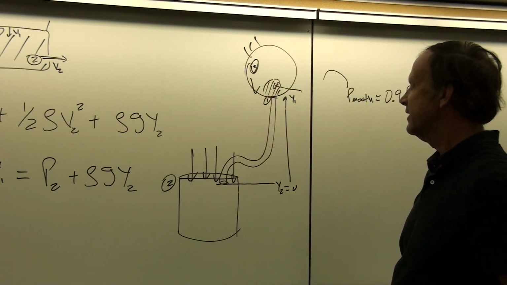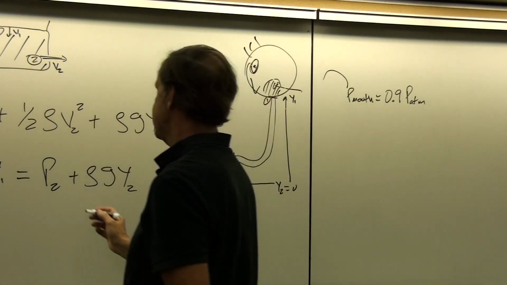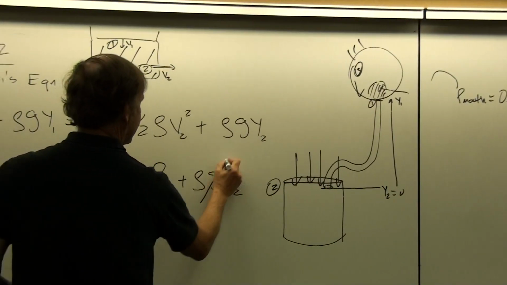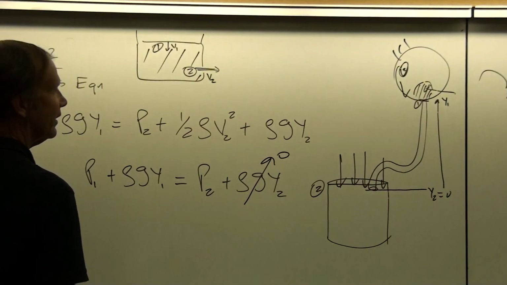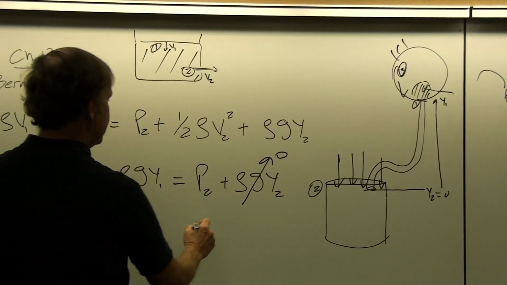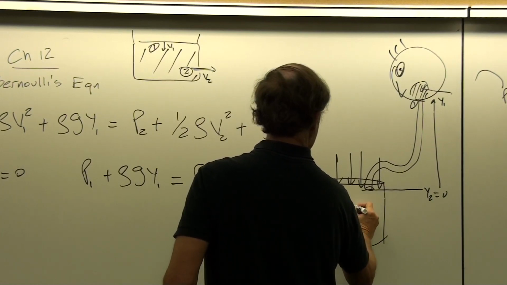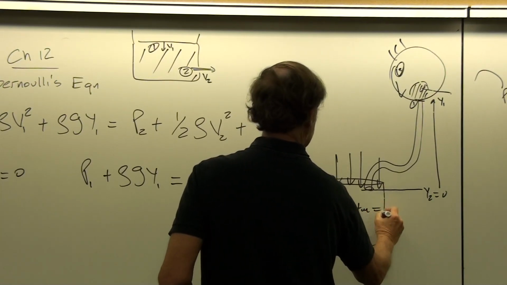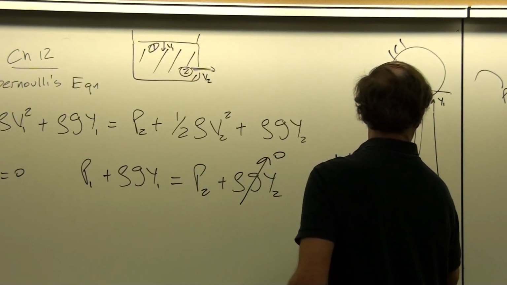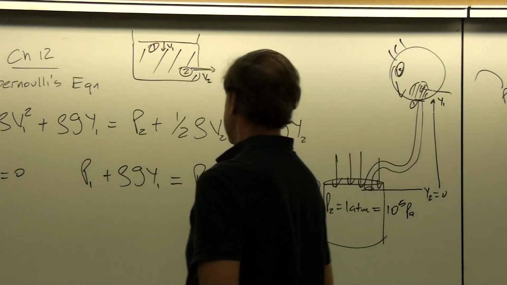And so we could look then at this equation. We could see that Y2 is equal to 0, and we can see that P2 is 1 atmosphere, which is about 10 to the 5 pascals. Okay?